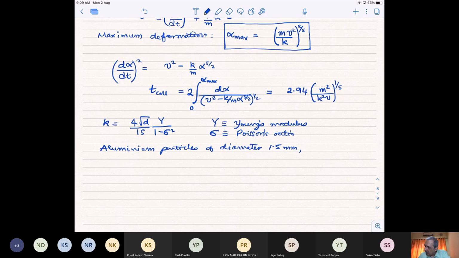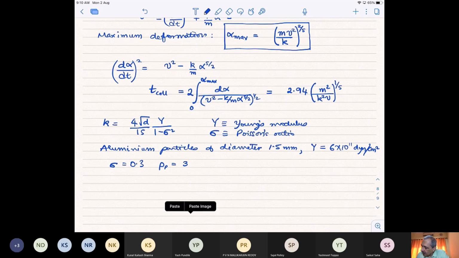The Young's modulus is given by 6 into 10 raised to the power of 11 per centimeter squared, and Poisson's ratio for this material is 0.3, and density rho p is just equal to 3, because we need to get the mass, no?